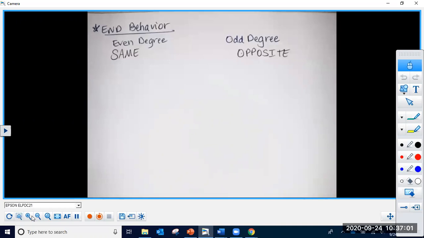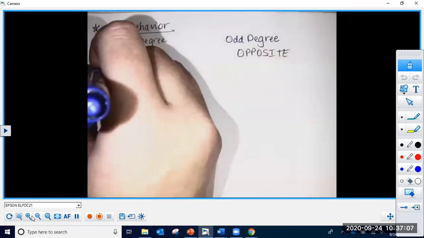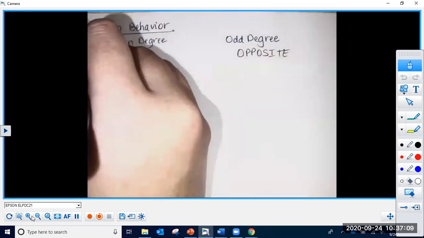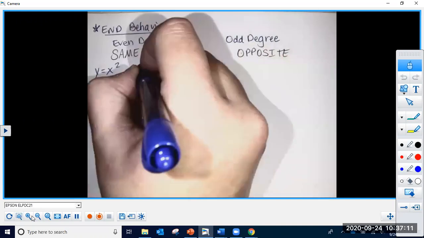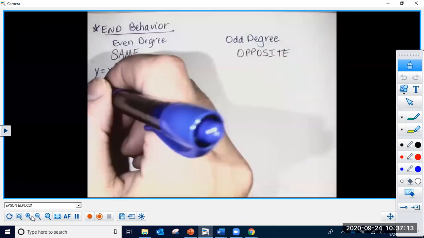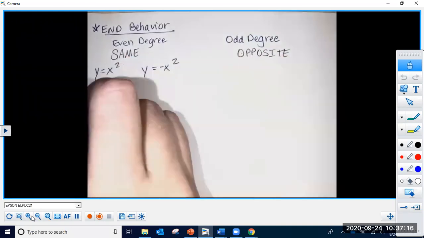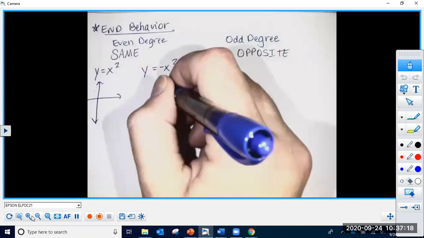All right, and what we use to help us determine that, well, I'll first show you a rough sketch. Let's say that you've got y equals x squared and y equals negative x squared. Very basic, common polynomial functions that you know.